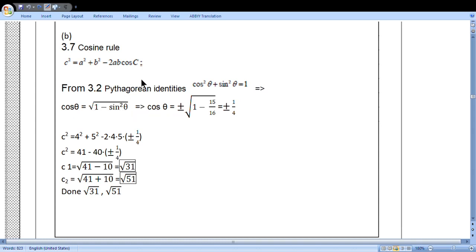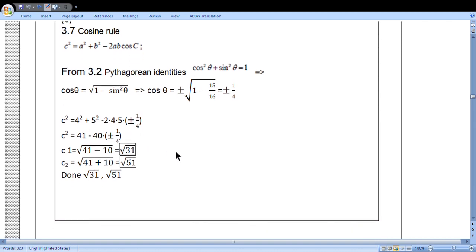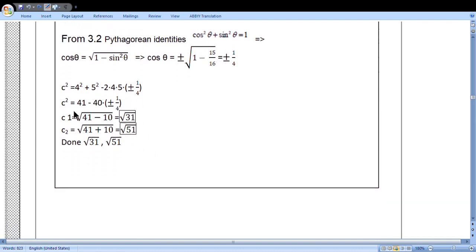Cosine equals, and we substitute the value of sine, and here we understand that when we take the square root we get two roots, plus and minus, so we get plus or minus 1 over 4. So the two versions, plus and minus 1 over 4, go instead of cosine into this formula, so we substitute all values, and we have to take the square root, separately with plus and with minus, so we get two values. This question is done.